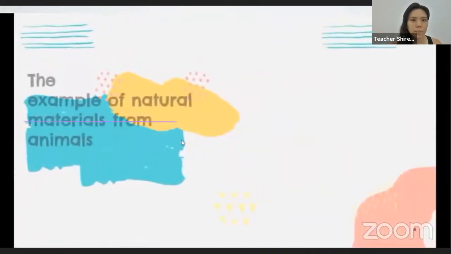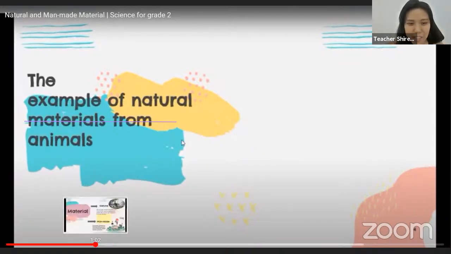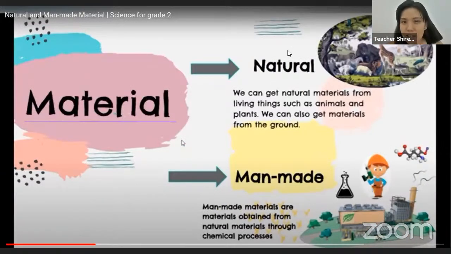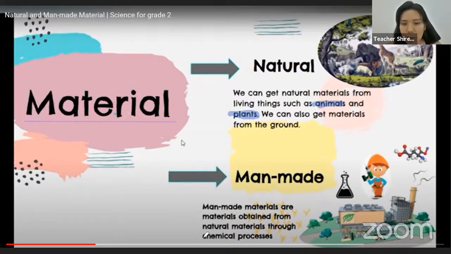Alright, let's take a look at the example. Let's see who paid attention. Natural materials are materials obtained from where? Who knows? Raise up your hand. Let me show you one more time. Natural materials are materials obtained from where? Who would like to try? Animals, plants. Fantastic. Man-made materials, how do you get man-made materials? Okay, Jane?